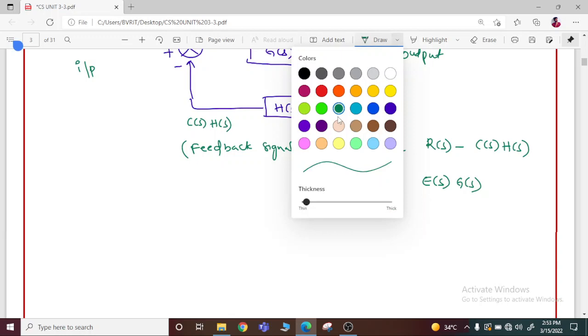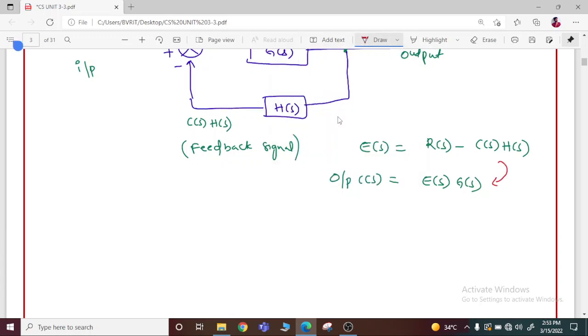Substitute this value here, in this output. Then E of s can be written as R of s minus E of s into G of s into H of s.